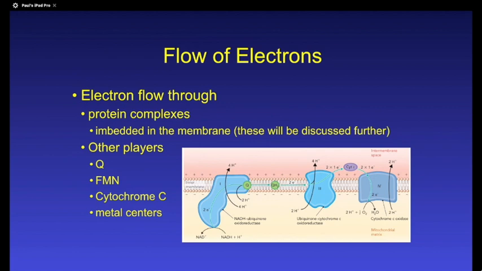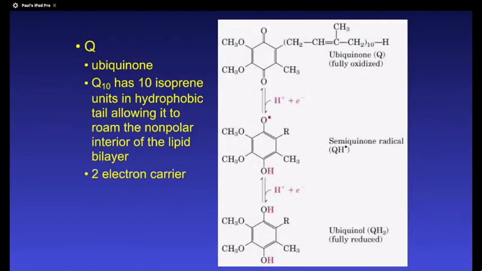One of the largest examples, and the first player that we're going to look at, is an organic structure termed Q. Q stands for ubiquinone, and you can see there's an organic ring, and organic rings can hold electrons.